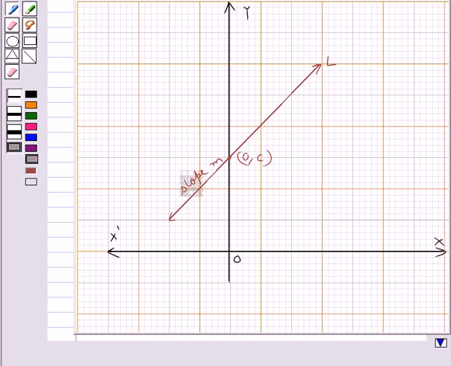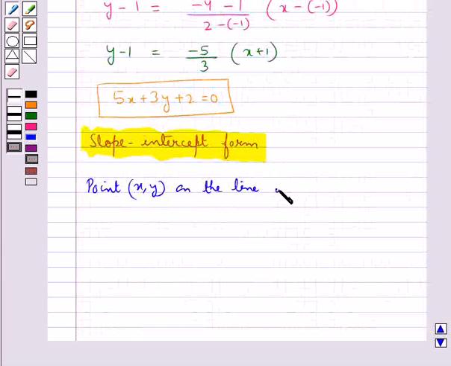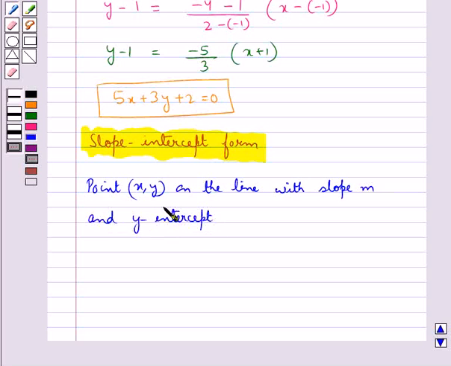Then we have point x, y on the line with slope m and y-intercept c lies on the line if and only if y is equal to mx plus c, and value of this intercept c will be positive or negative according as the intercept is made on the positive or negative side of the y-axis respectively.